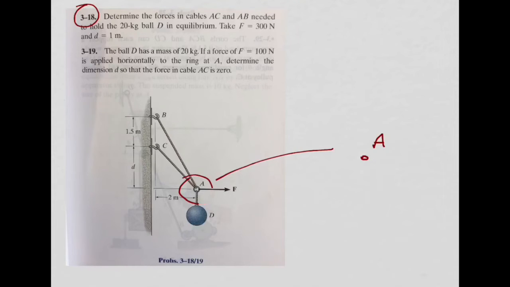We can start with the weight of the ball. If I add the weight of the ball, I will have this force here, in the vertical direction, and the value of this force is equal to the mass of the ball, which is 20 kilograms, times the acceleration of gravity, which I will consider around 9.81.